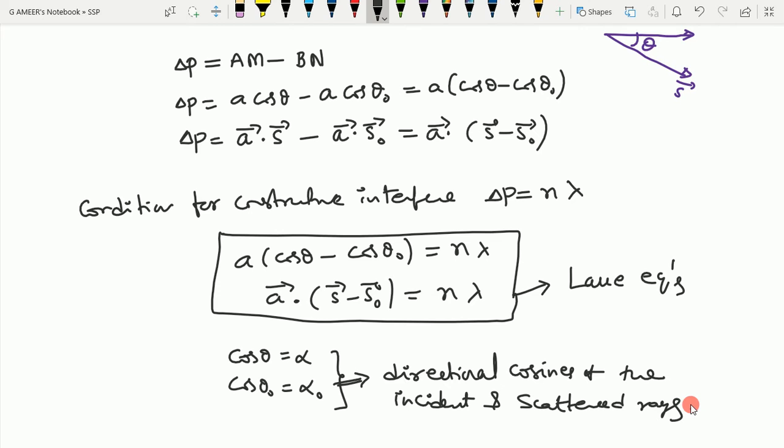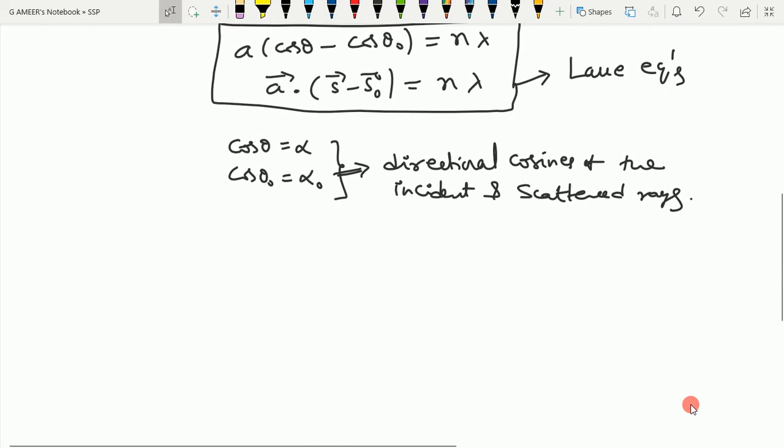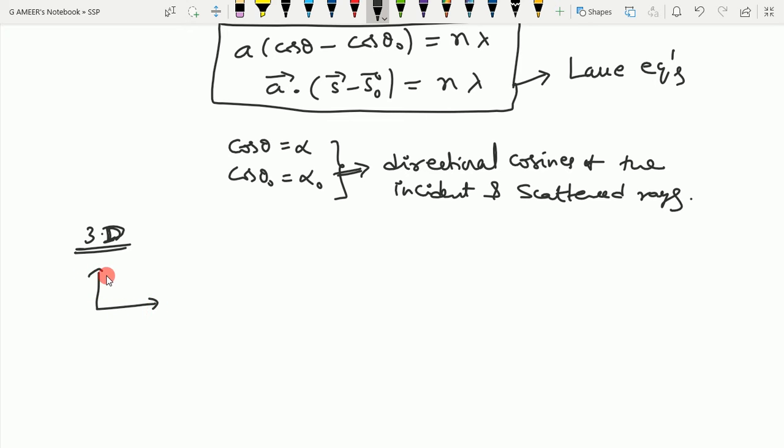Okay, fine. I can represent the same equations for a three-dimensional arrangement also. In case of a three-dimensional structure, how will we represent this? We have the base vectors along the x-axis, y-axis and z-axis.